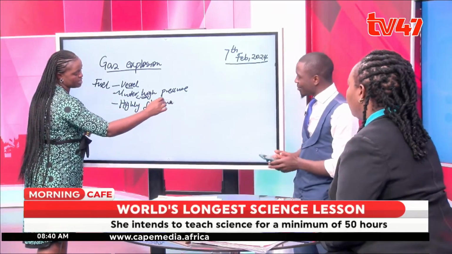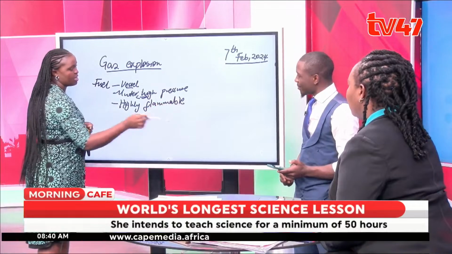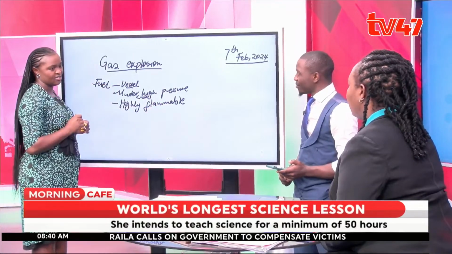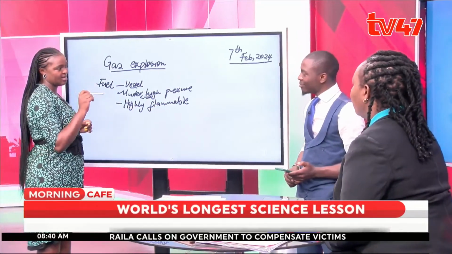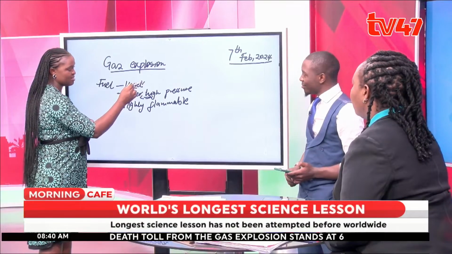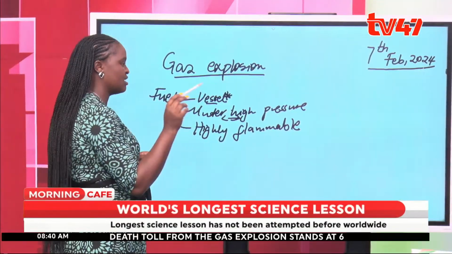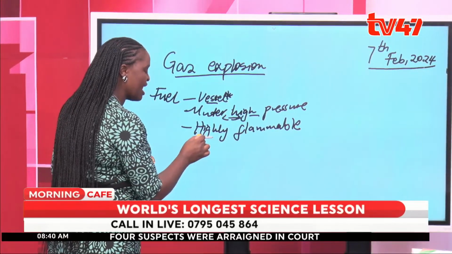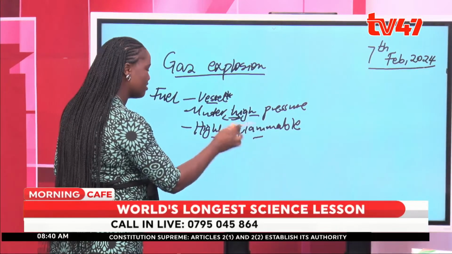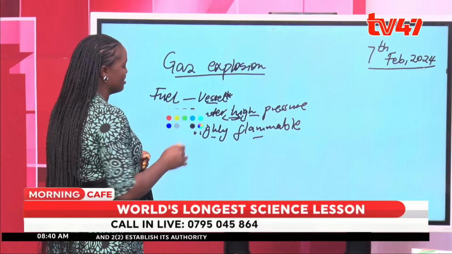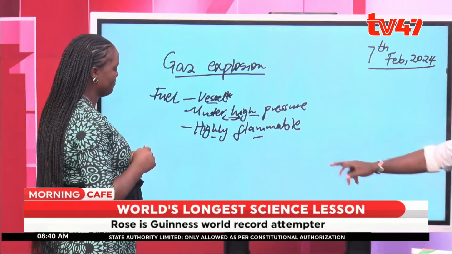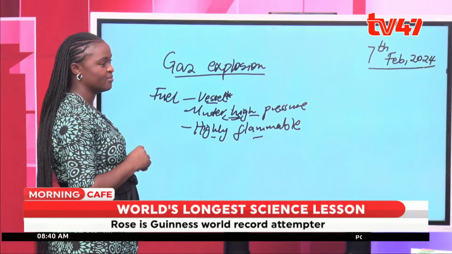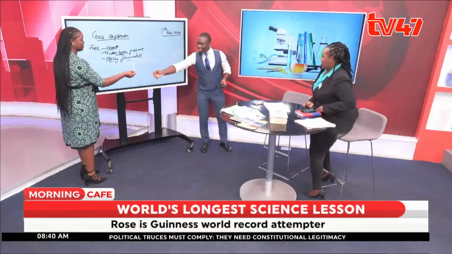So what I suspect happened is there was some heat energy, a spark that accessed this vessel through a means it should not have. And due to the high pressure and the high flammability of this fuel, we get an explosion. Right. I can add more. Oh, yes, most definitely.